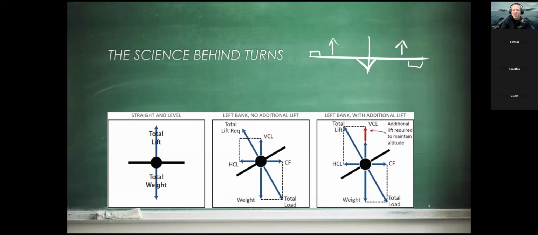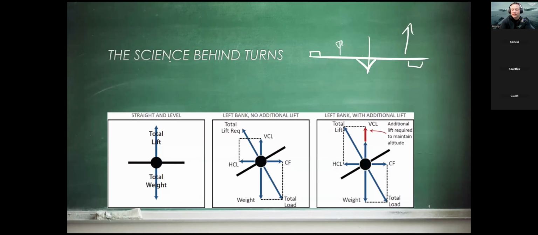Now, one wing is generating more lift than the other, and that differential of lift is going to roll the aircraft to the left. Now, a byproduct of lift is drag. So as this wing generates more lift, it's actually going to generate more drag, causing adverse yaw.